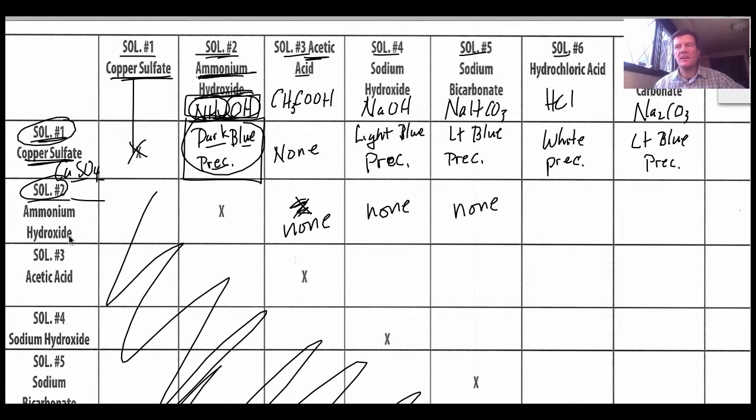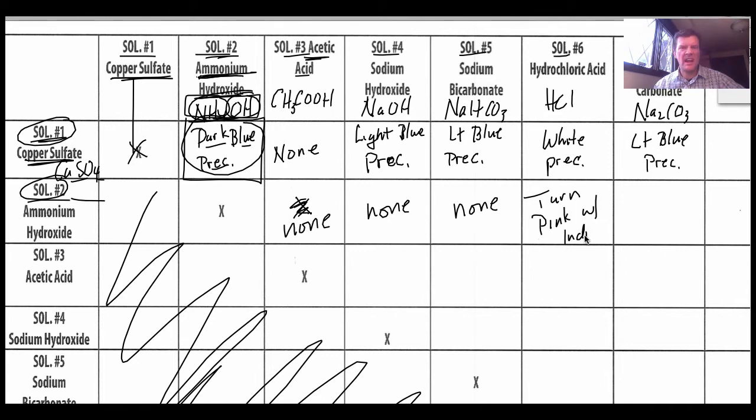HCl and ammonium hydroxide. Now, when we do this reaction, we actually are going to put what's called an acid-base indicator in there, and that's going to end up turning pink. I'm going to put with an indicator.